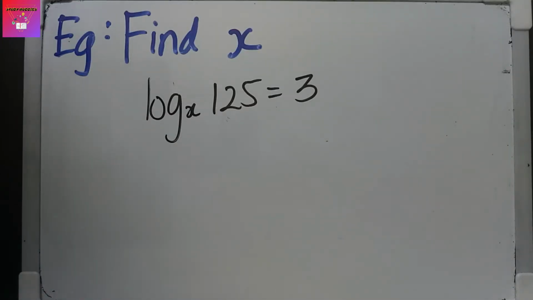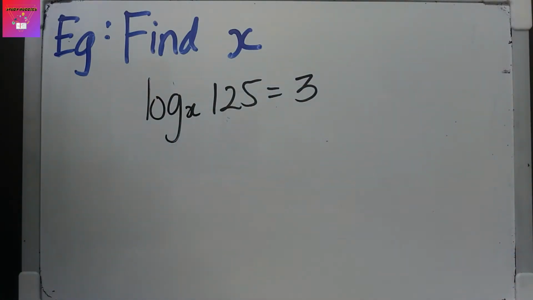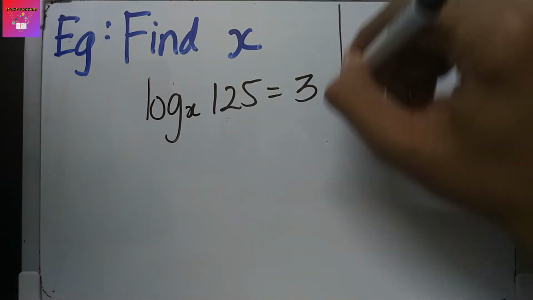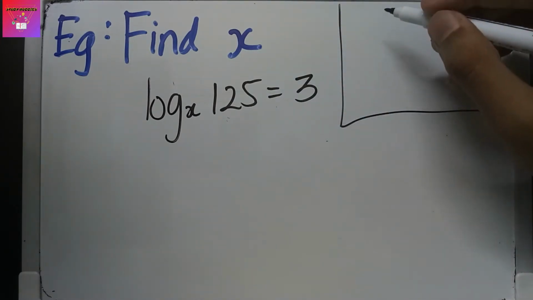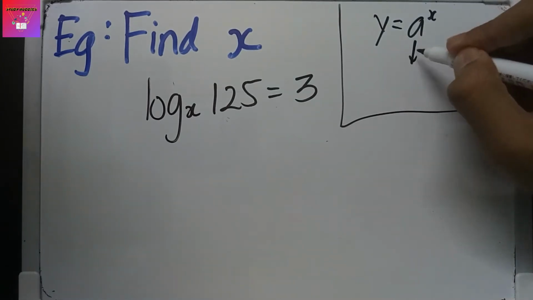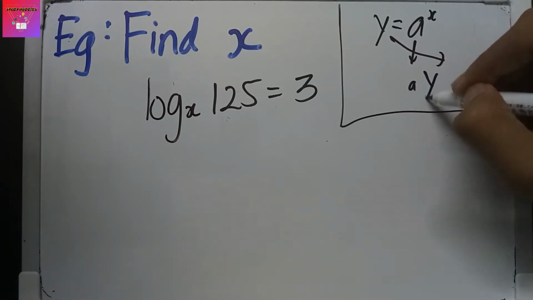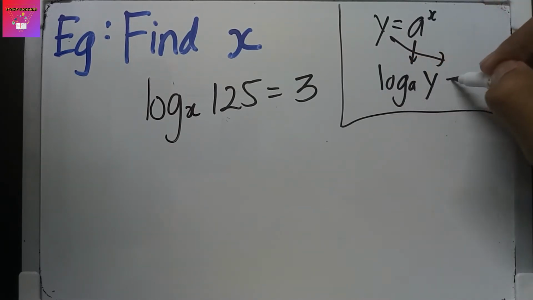Now we have another example, and the question says find x. Okay, so if you want to find x, we have to convert this whole logarithm into indices format. Just a recap, I'll write down a simple reminder over here. How we converted index to logarithm: we wrote a, y, log a y is equal to x.